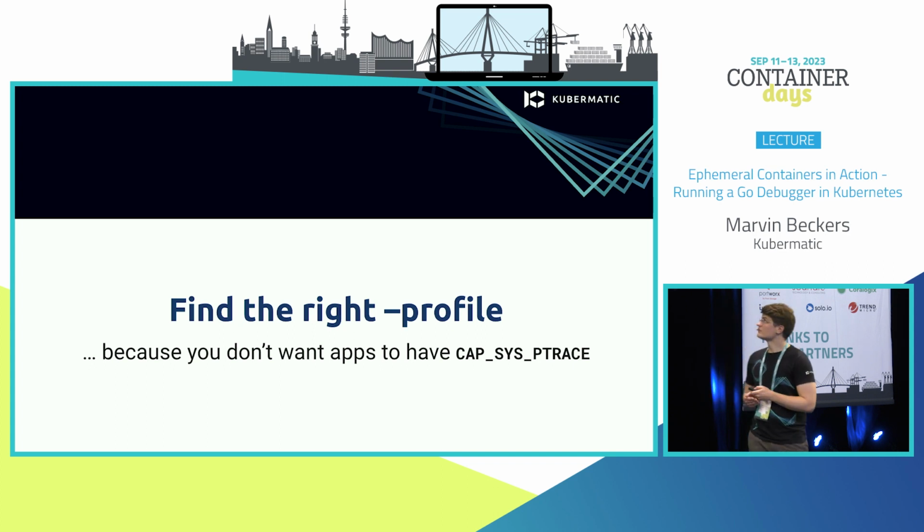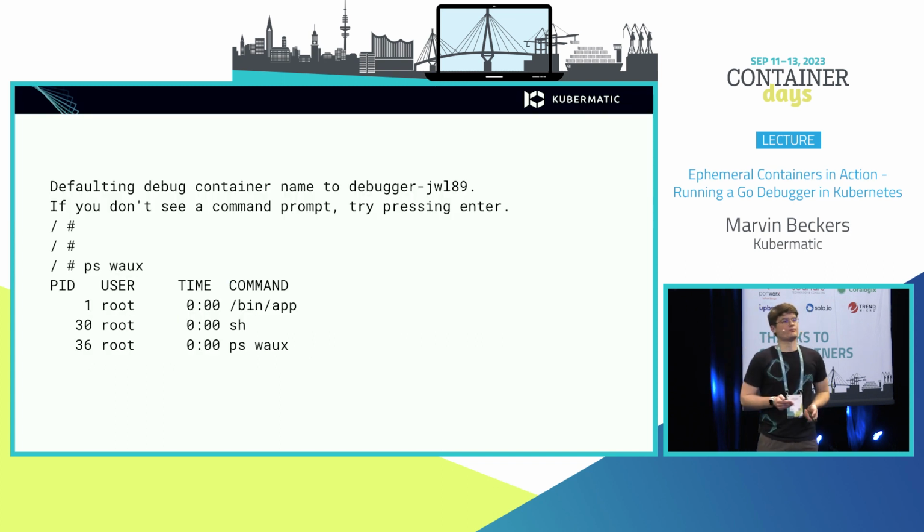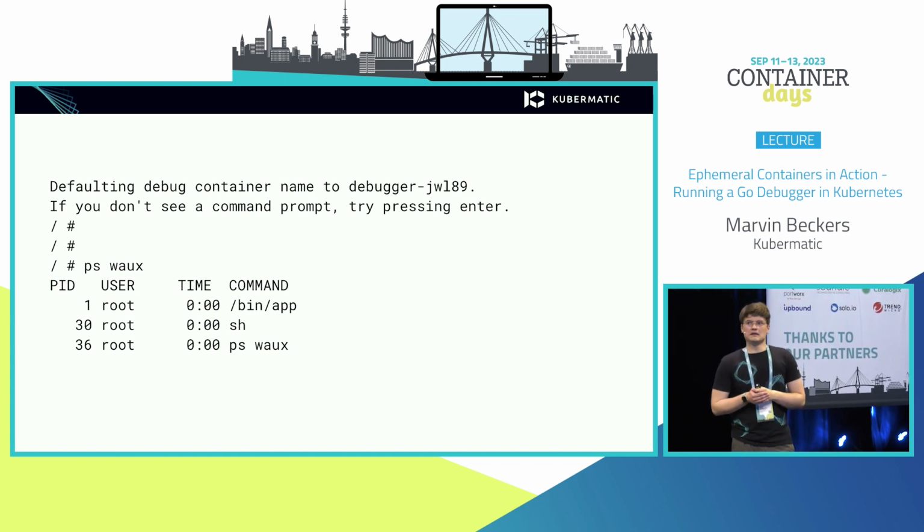So what we did here, I can see the process, but I can't attach to it. And I shouldn't be able to, because this process might, I don't know, have my S3 secret key loaded in memory or something like that. And I really don't want people to be able to just extract that.